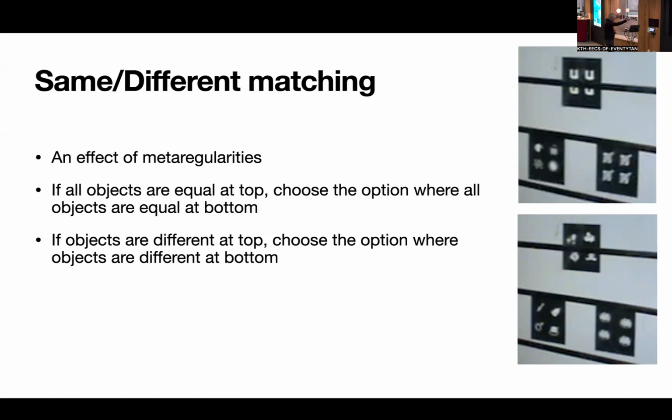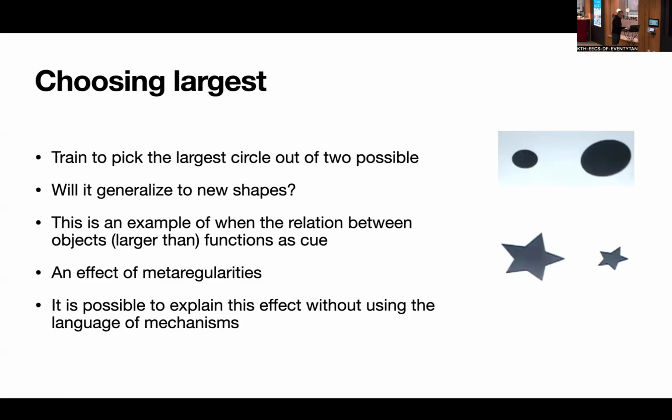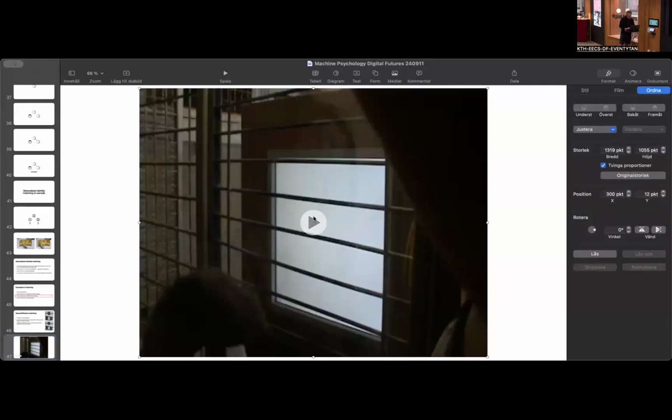But if the objects in the top matrix are different, then I should choose the one with different objects. And here is a monkey doing that task.